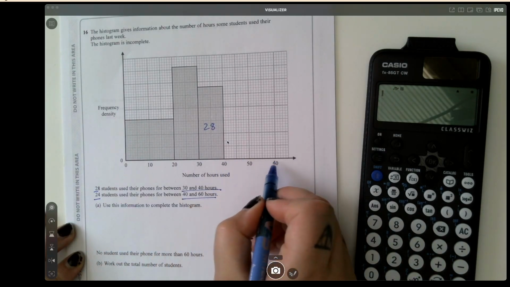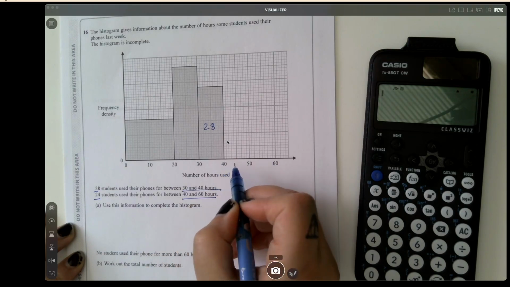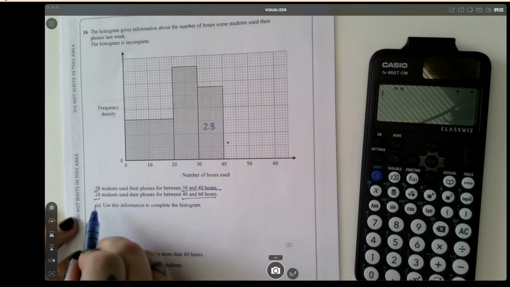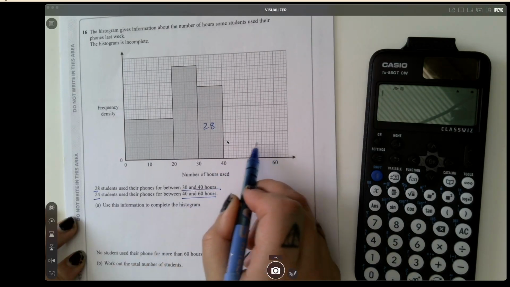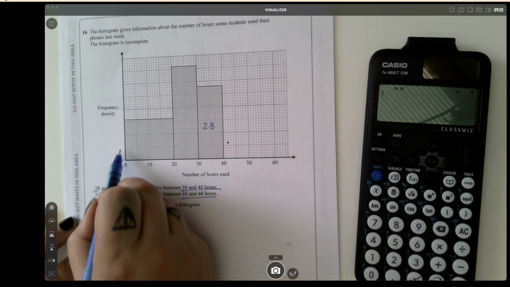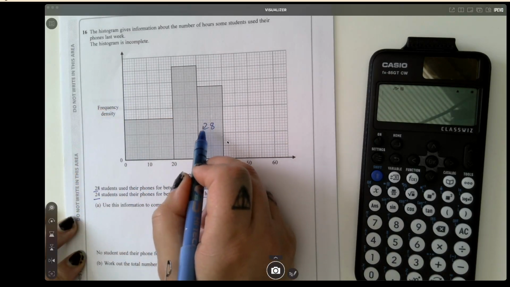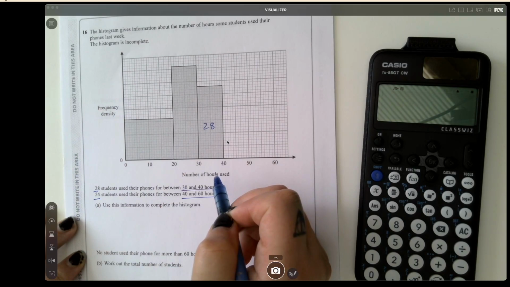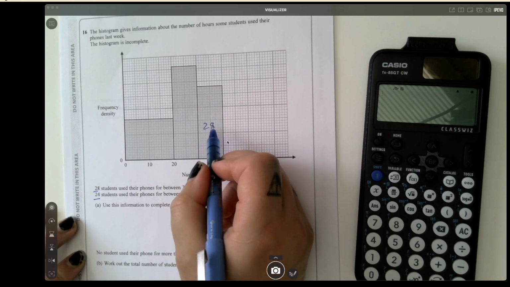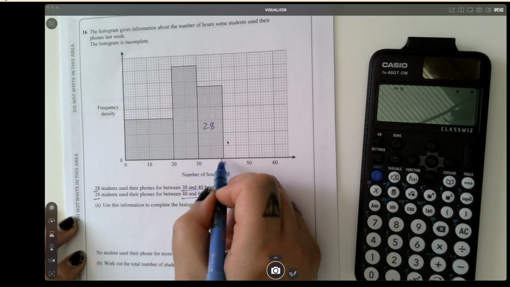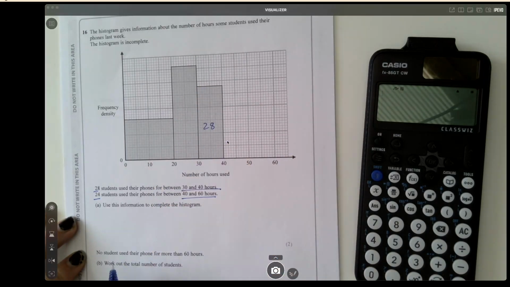So for the last section here of the histogram, use this information to complete the histogram. So to be able to represent these 24 students as a bar here, we need to know what the frequency density scale is. Now I know that this bar is worth 28 students. So the area of this bar represents those 28 students.